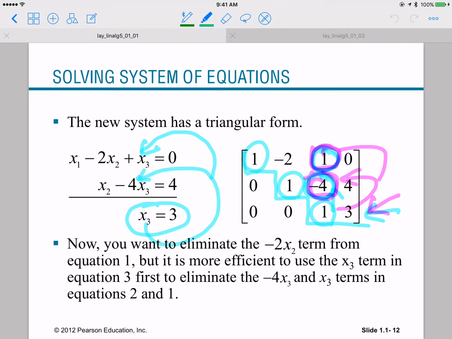In the case of multiplying by 2, it will be 2, minus 8, 8. Does it still satisfy the echelon form? It does, right? Echelon form doesn't need to have exact ones as the leading entry. The leading entry can be any value, as long as it's non-zero. So the echelon form can trivially have multiple different versions.